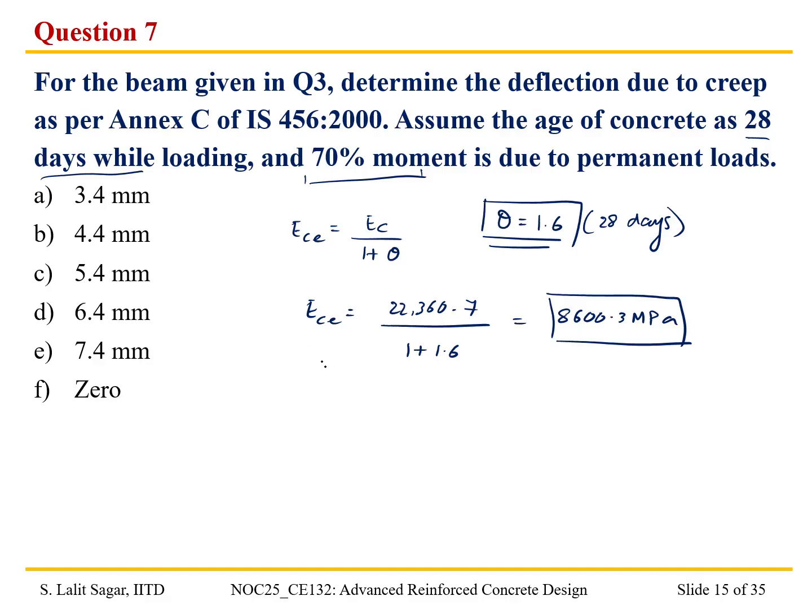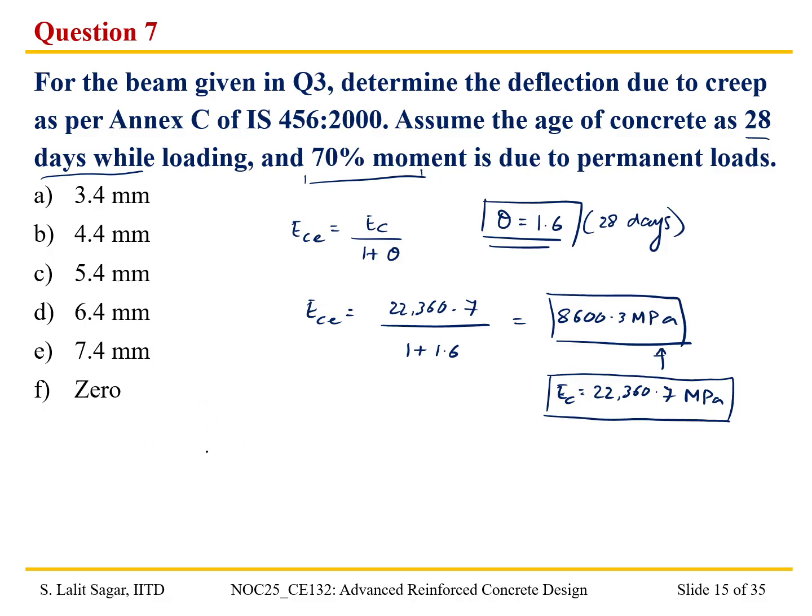This will be the value of E_ce, and the value of E_c, again, to reiterate, is 22360.7 MPa. We can see that upon the action of sustained loads, the value of the elastic modulus or the stiffness reduces by almost one third of this particular value, which we're going to see in the deflection calculations later on.